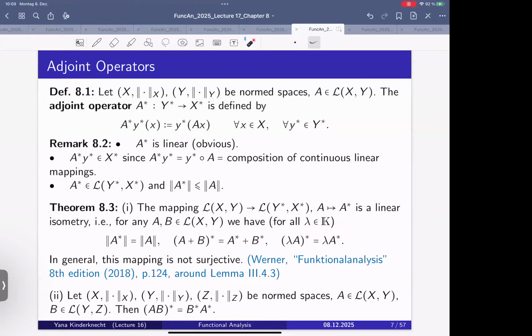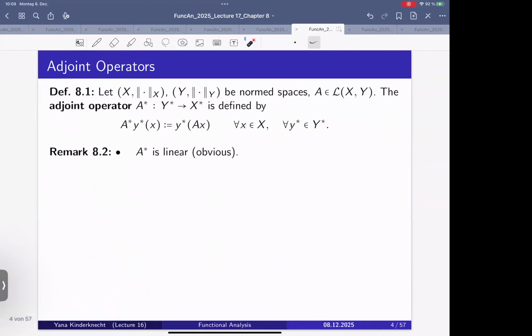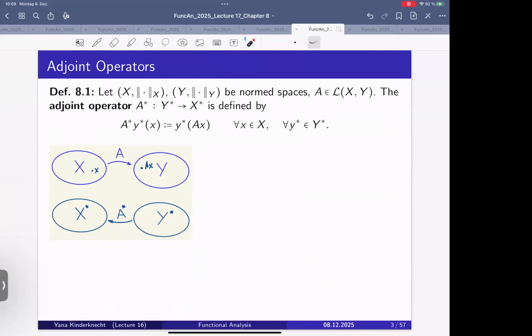Caution: this mapping, so let me specify the mapping, in general is not surjective. What does it mean? This means that if we go to this picture, there are some operators acting here, like operator B, such that there is no operator here such that this B is adjoint to this one.